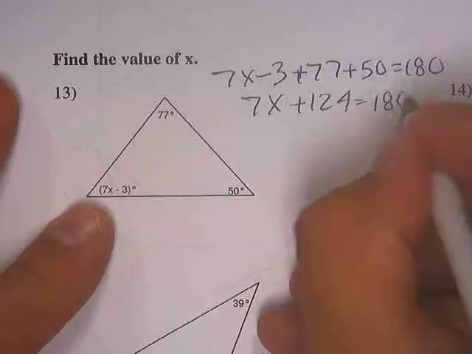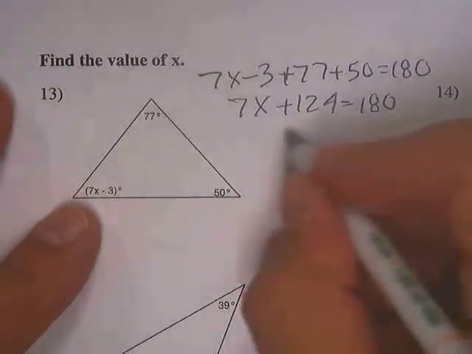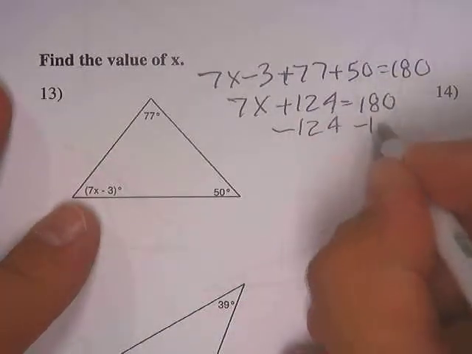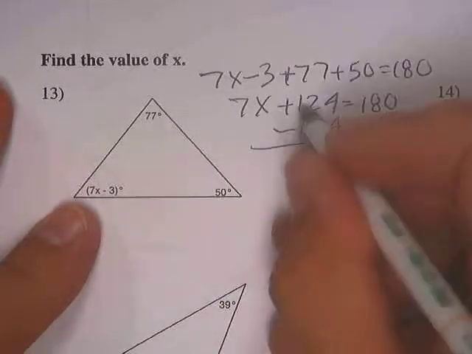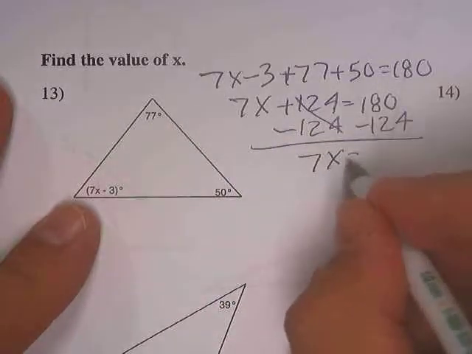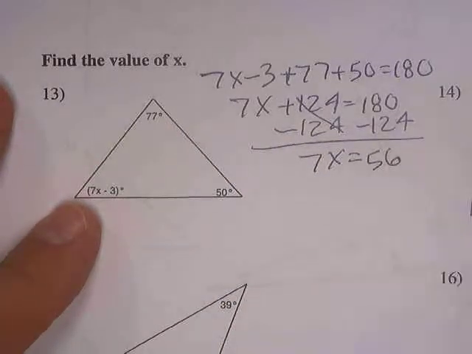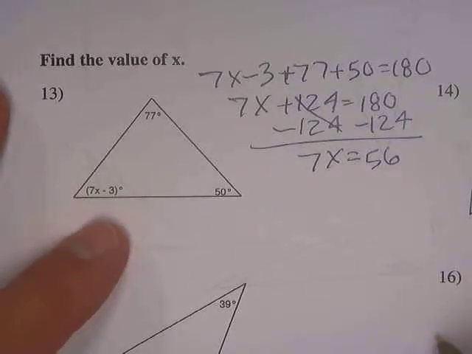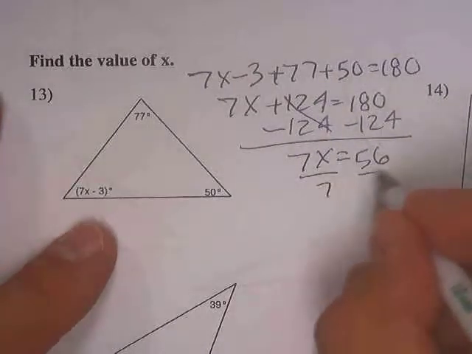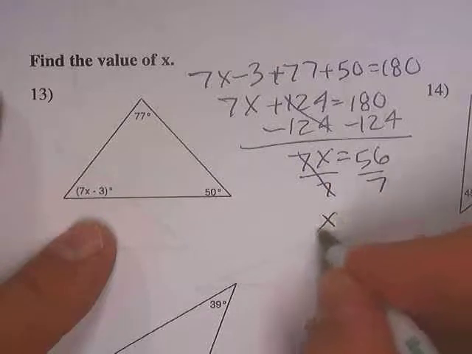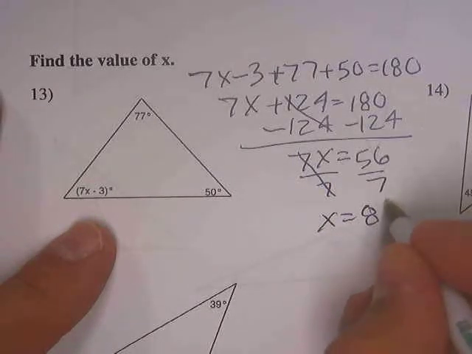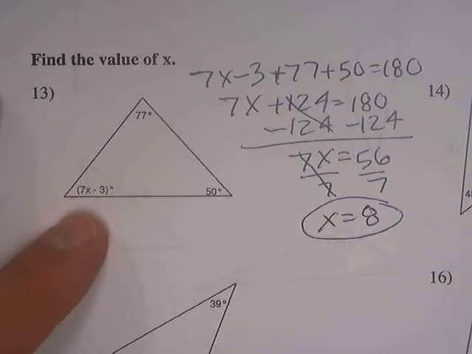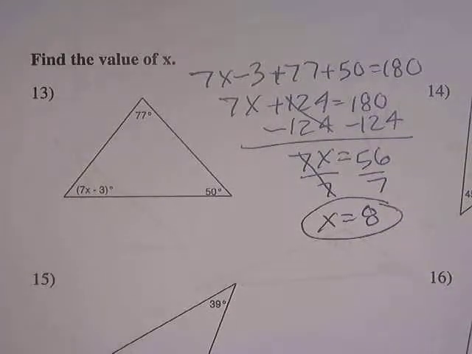So I have 7x plus 124 equals 180. Subtract 124 from each side. Left with 7x equals 56. At this point I divide by 7. X equals 8.